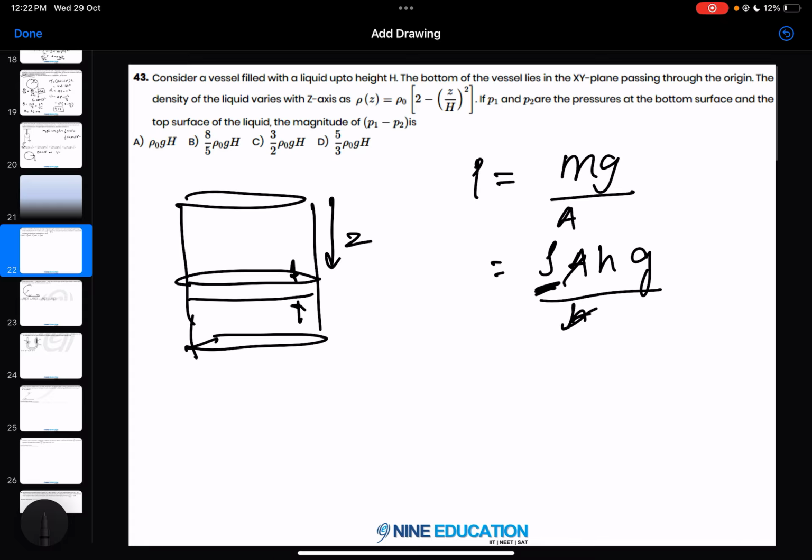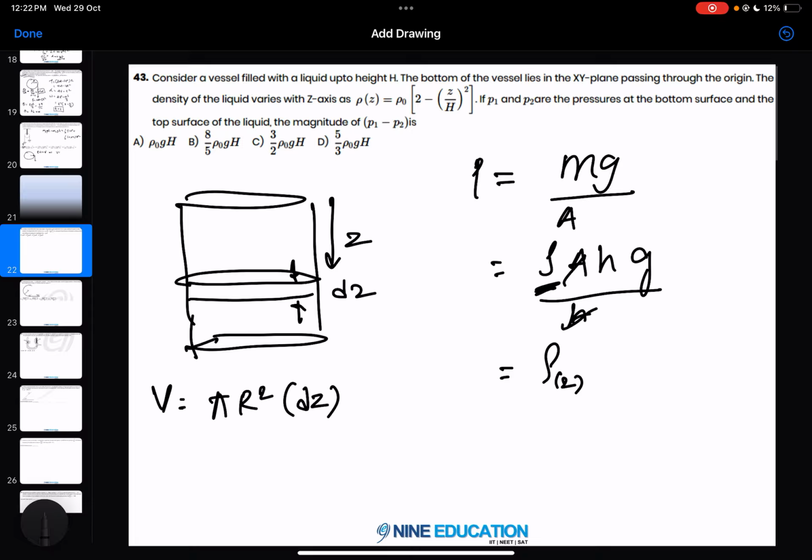So let's just say the small pressure that is applied here is rho at function z. We are going to take a small disk of thickness dz at a distance z. So what is going to be the volume of this small disk? It is going to be pi r square into dz, area into thickness.